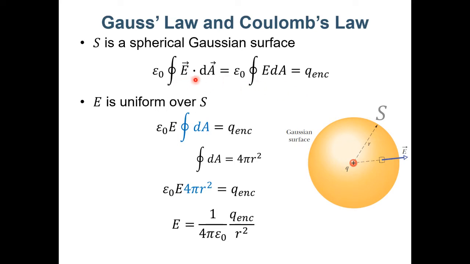As long as they have the same direction, you just multiply by 1 for the projection component. The inner product means you have two vectors and you finally come out with a scalar.